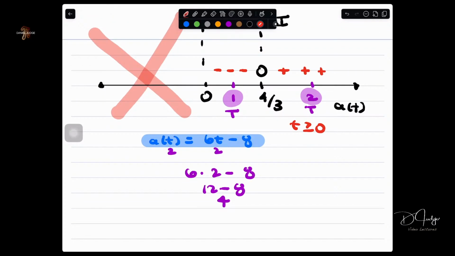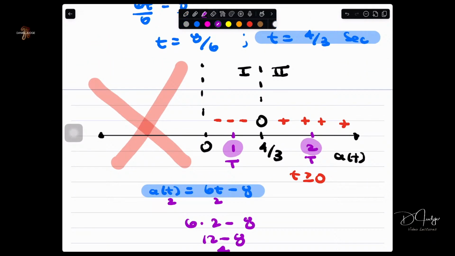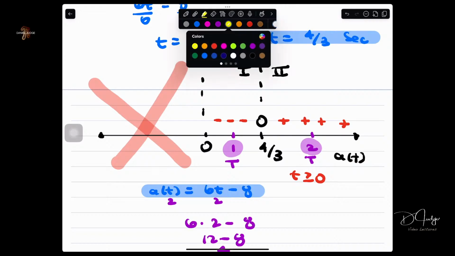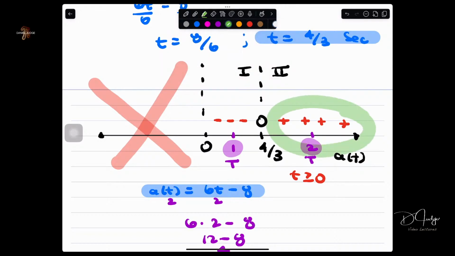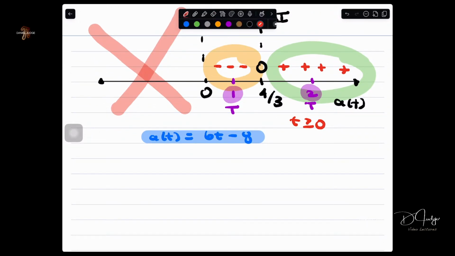So, ladies and gentlemen, that's a positive 4. So, let's keep with our convention. I think going to the right was green, and going to the left was orange. But this is not velocity sign analysis, it's acceleration. We're talking push or pull now.